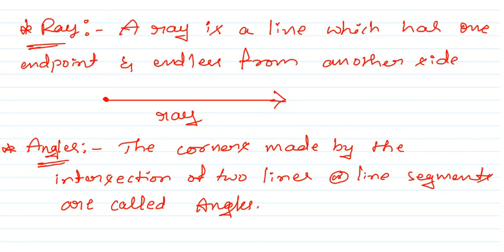Okay, see, I will move to the next page. This is the baseline. If we give names, this one is B, this is A, and this one is C. See here, these are two lines, or two line segments.